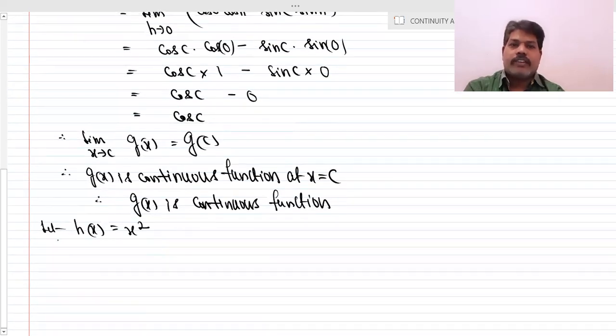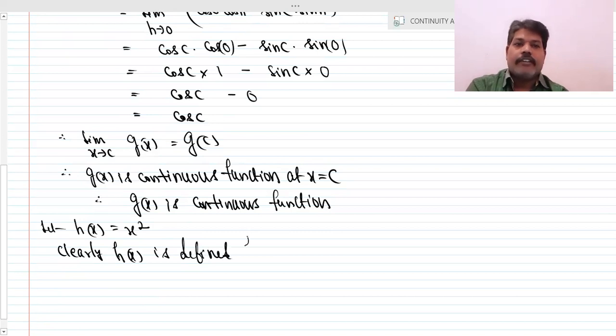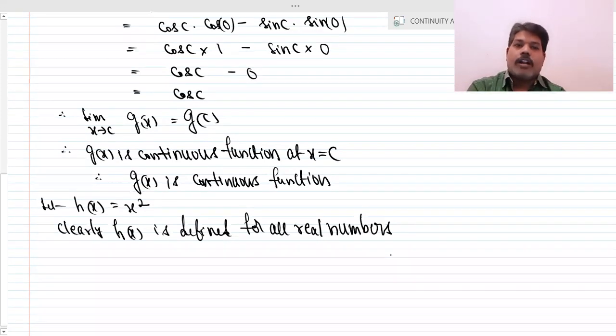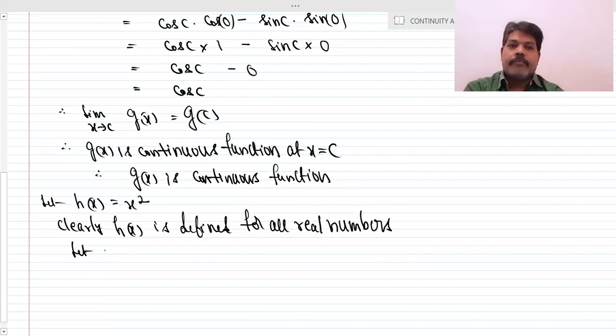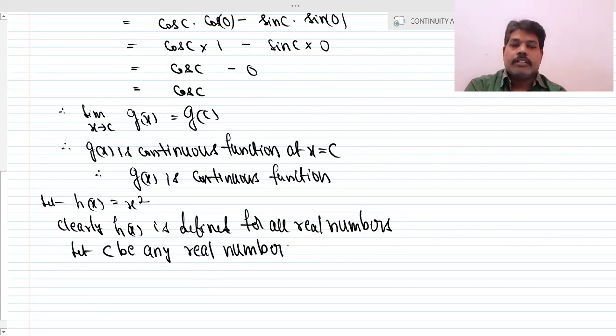Clearly it is defined for all real numbers. Then let c be any real number.